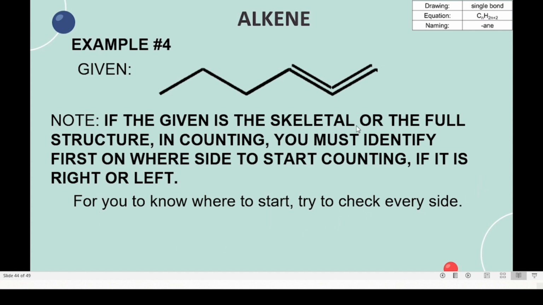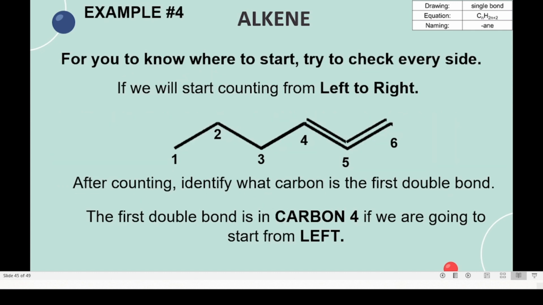Whenever the given is a skeletal or full structure, you need to identify where to start, from the left or from the right. Now, for you to know where to start, try to check every side. If we start counting from left to right, this is the form. So 1, 2, 3, 4, 5, 6.